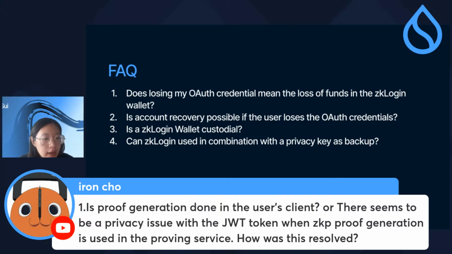And you're right that there is a concern about whether it's okay for the proving service to see the JWT token. We did share the Docker image to run the proof generation yourself if you'd like to try that. And another idea, you can run it in some secure enclave where nobody can see the content.